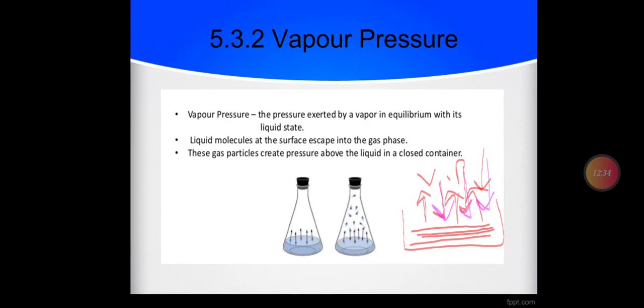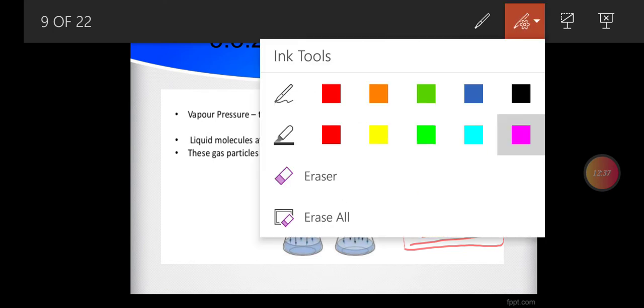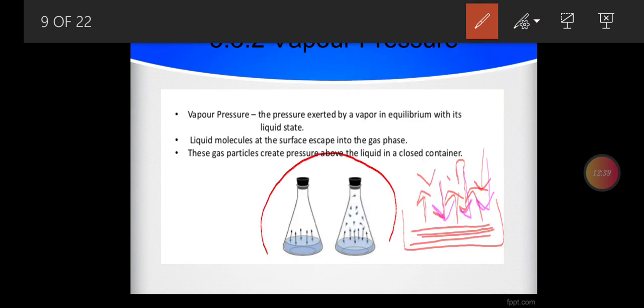You can see from this illustration as well, in these two flasks, that few molecules are escaping in flask A, and this is flask B. In A you can see the number of molecules escaping from the liquid state to the gaseous state, but in B a large number of molecules have gathered on the surface and start exerting pressure on the surface.